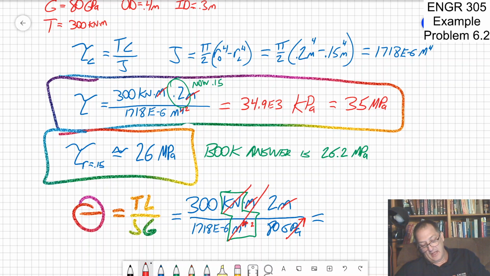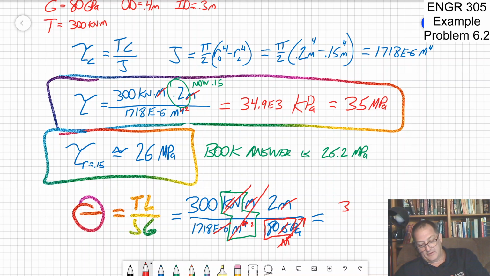But I have to leave the giga, and I've got a kilo and a giga. What does that leave me with? A mega? Yeah, leaves me with a megapascal. I almost overlooked the whole kilo-giga thing. So that's a mega, and here's an e to the negative 6, so that's going to cross out.